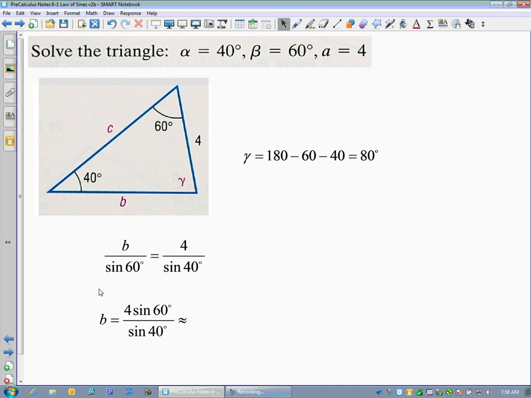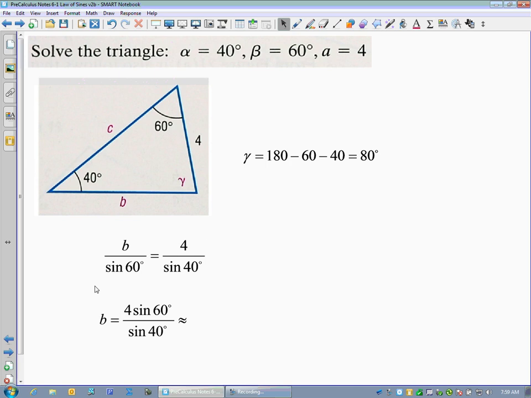Now, a common trap I want you to avoid is this: you should not put sine 40 into your calculator, get a decimal, write it down, put in sine 60, get the number, write it down, and then start doing the multiplication. Because you never want to round in the middle of a problem. Whenever you round, you introduce error, and then if you do operations to that, you're going to multiply that error or exponentiate that error, and it can affect a significant digit.